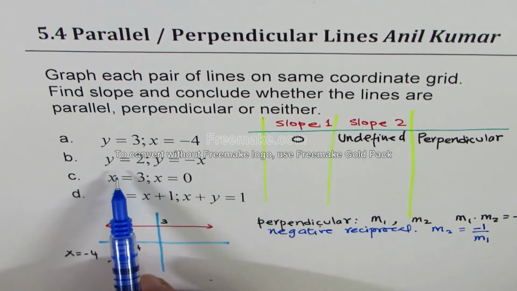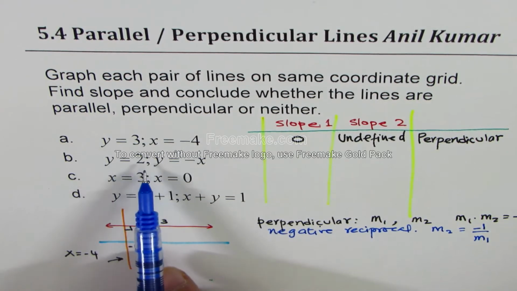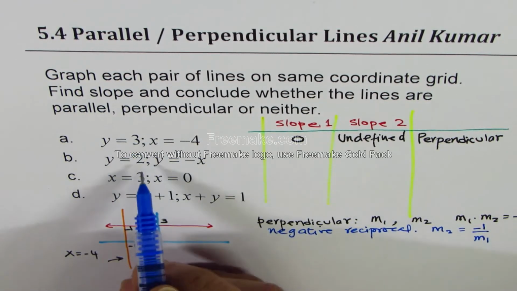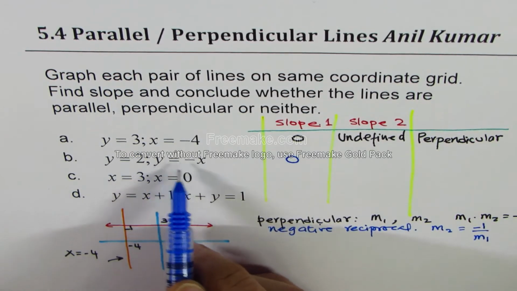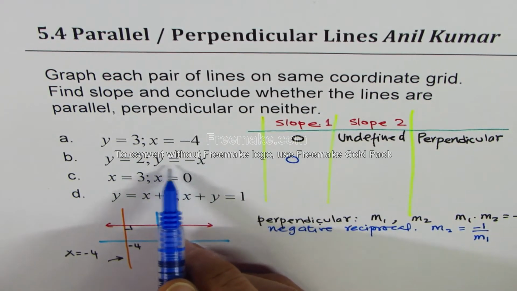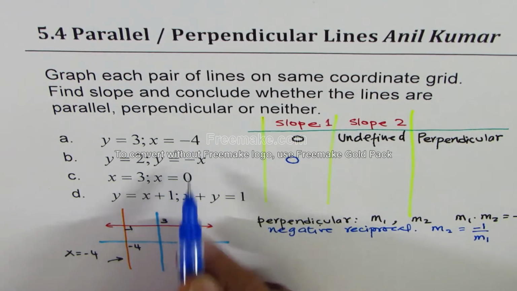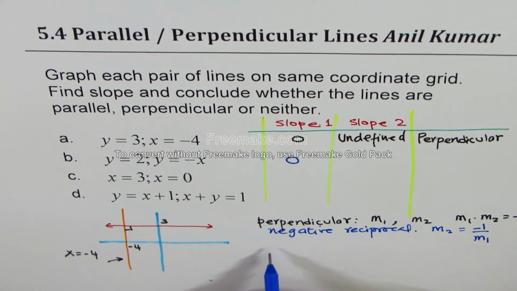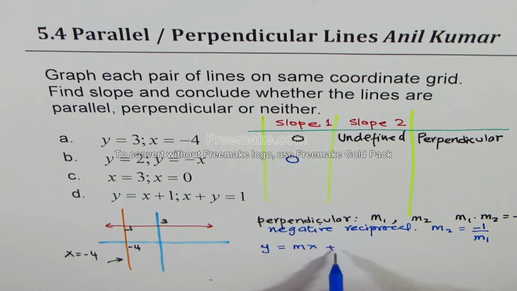Okay, let's move on to the second example, which is y equals 2. When I say y equals 2, as in the previous case, this has a slope of 0. Then y equals minus x. Now how do you read this slope? This is the equation of a line in slope-intercept form, which is y equals mx plus b.